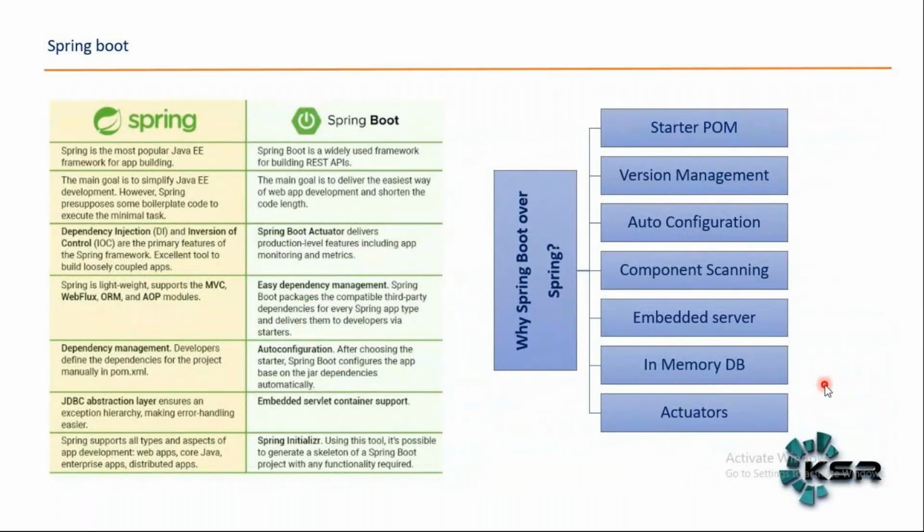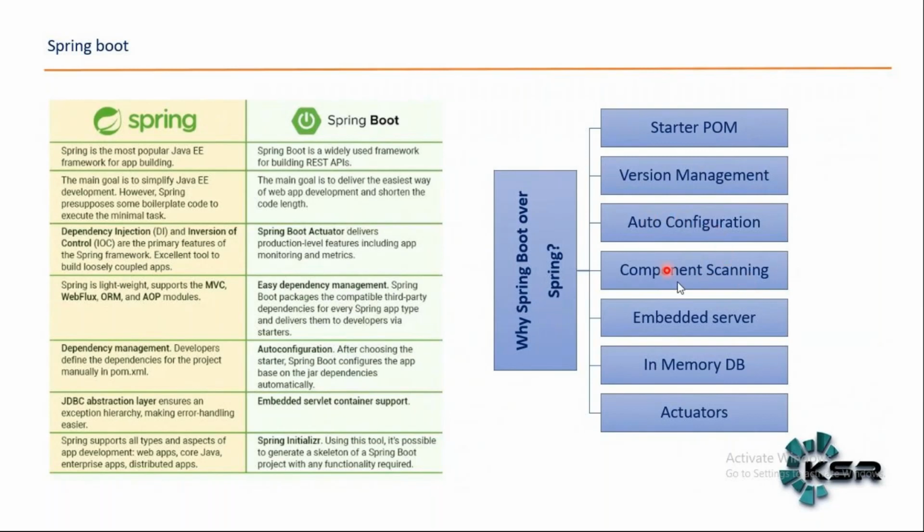So here you see why Spring Boot over Spring. pom.xml is one, right? We are not going to find out which jar, what compatibility issues; everything has been removed. Version management: I can do versioning like in CI/CD. If I want to do versioning on a file or a folder or anything, I can do version management. Auto configuration, right? We'll see down the line how the @SpringBootApplication annotation helps with multiple configurations.